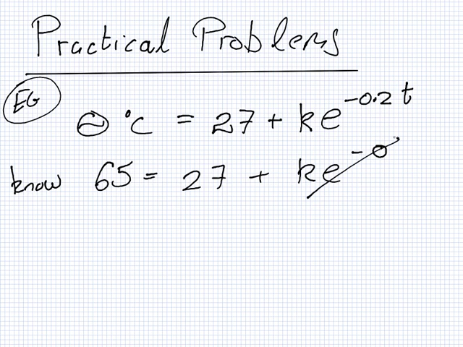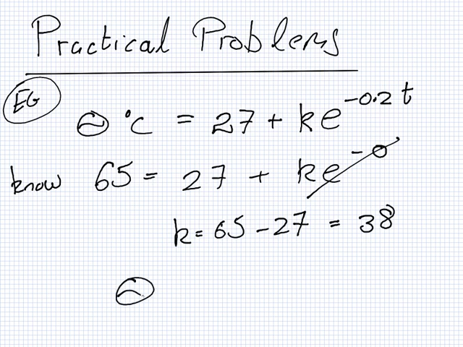So this is enough to give you the K. The K is 65 minus 27. What's that, 38 or something? 38, yeah. So you have temperature equals 27 plus 38e^(-0.2t). That's the first part done.